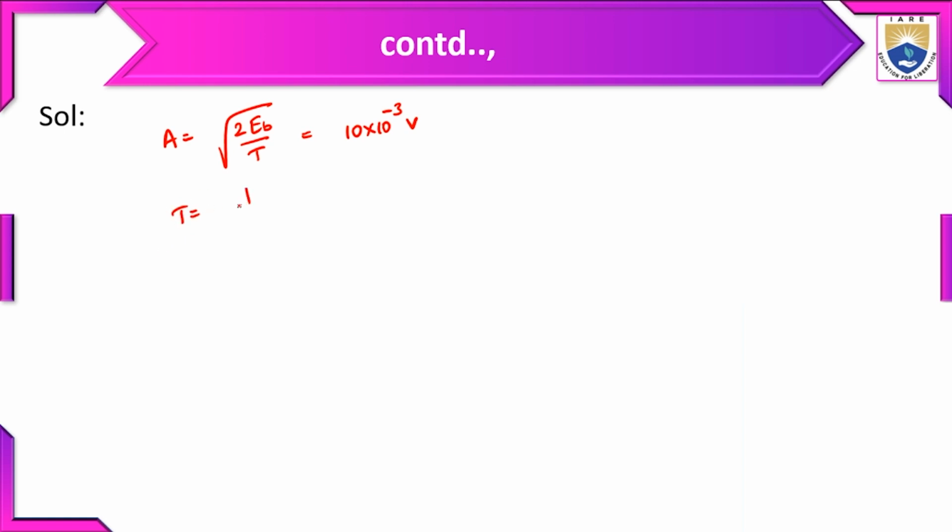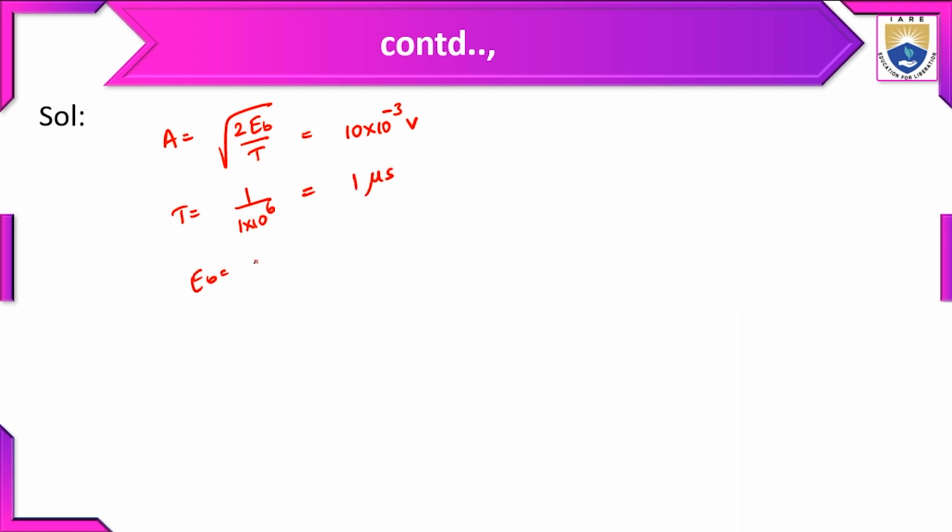And T is equal to 1 by 10 power 6. That is T equal to 1 by RB. So they've given the bitrate also. So from the bitrate you find the bit duration, 1 microsecond.